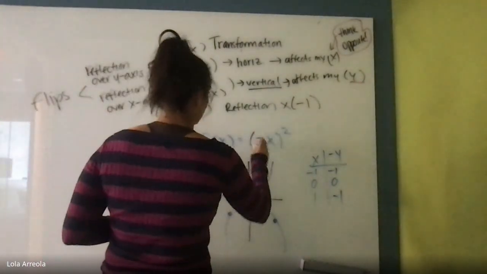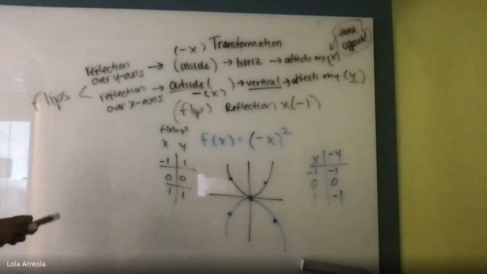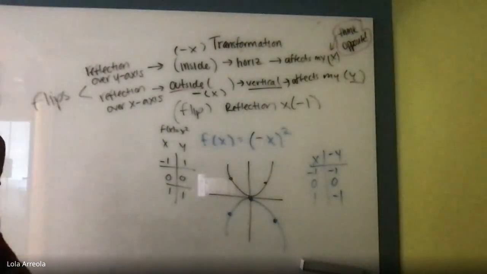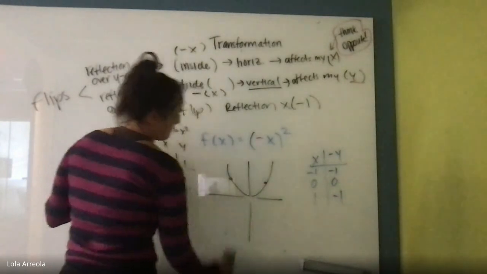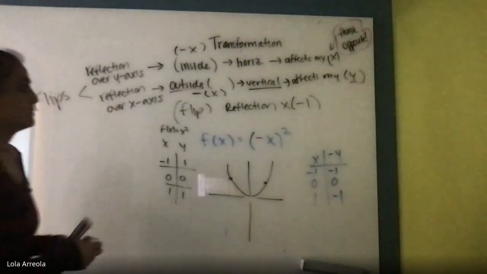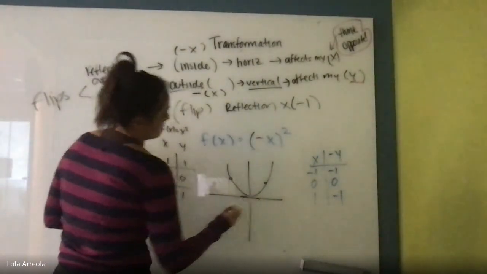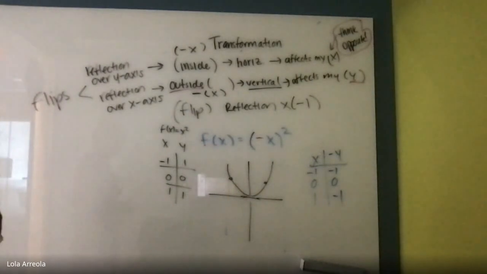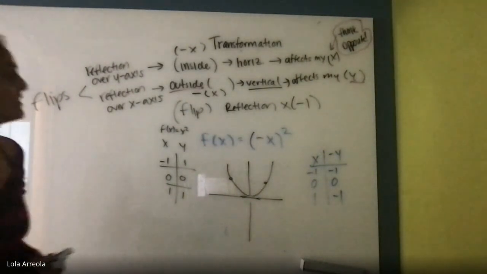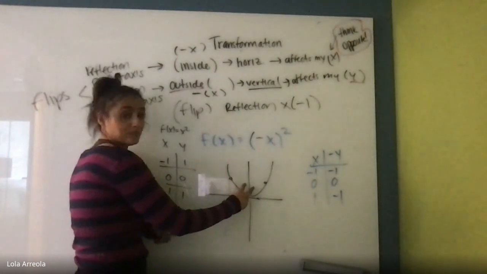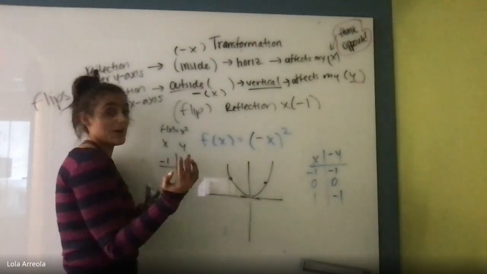Now quickly, if I had a reflection inside parentheses, I wouldn't see this reflection. What would I see? Well, this one's not a good example because this is an even function, which means it's already symmetric to my y-axis.